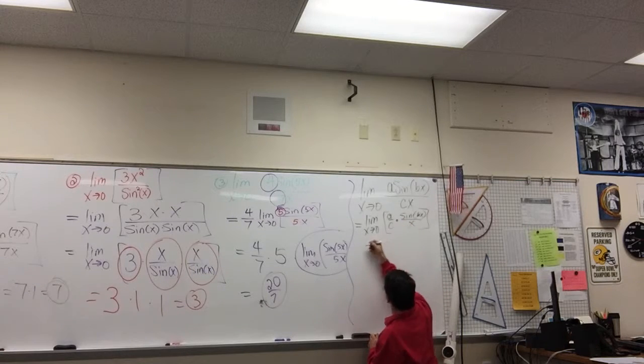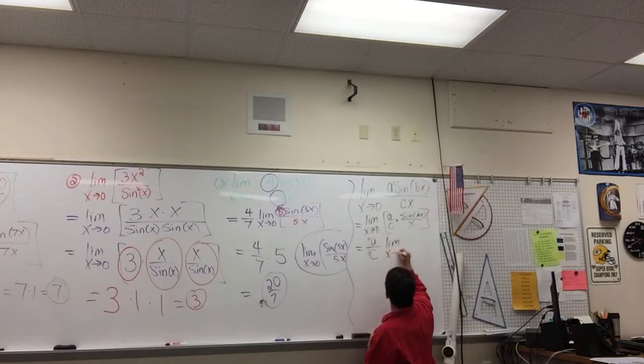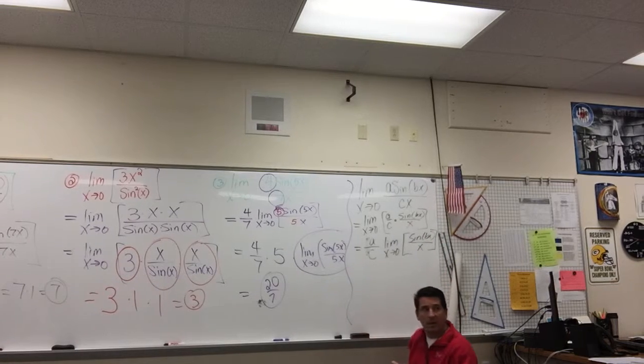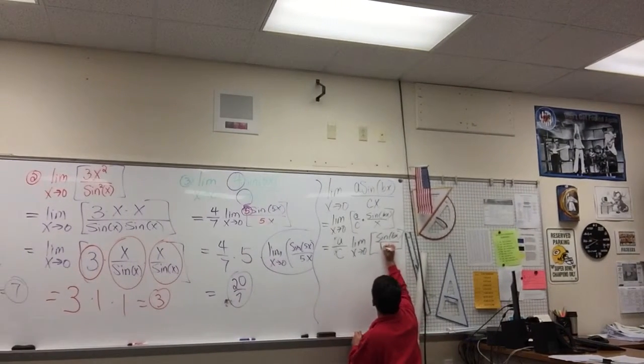So that a over c comes out here. We say a over c times the limit as x approaches 0 of the sine of bx over x. You guys with me? And then this just needs a b, which means I'm going to multiply by a b.